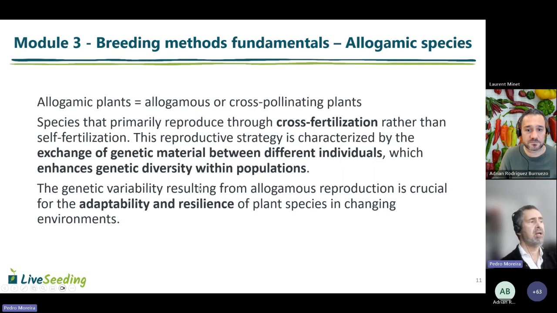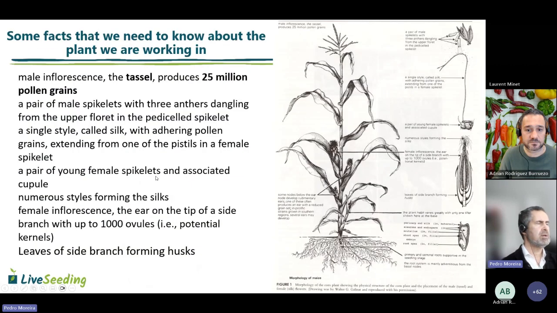So generally, it's more interesting in terms of adaptability and resilience, if we talk about the populations. Well, as it was mentioned before, it's really important that we know what plant we are dealing with. And knowing that, we need to know where the female and the male parts are, if they are separated or not.